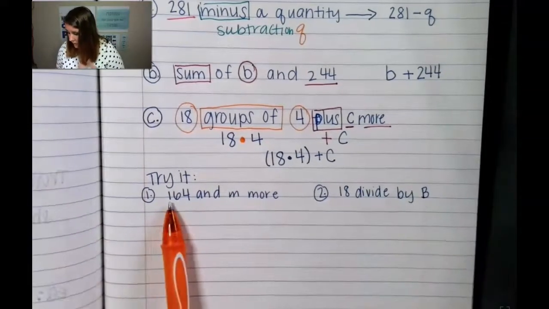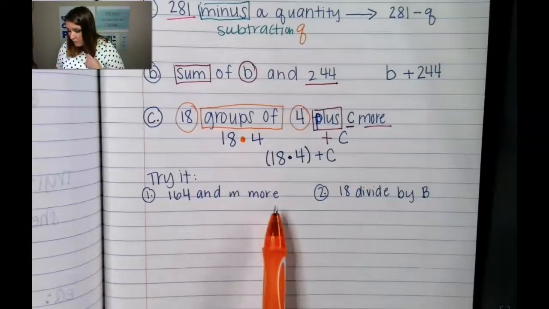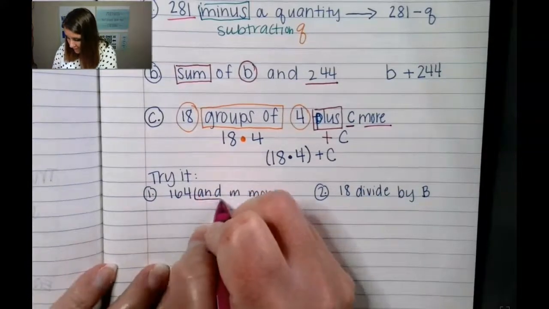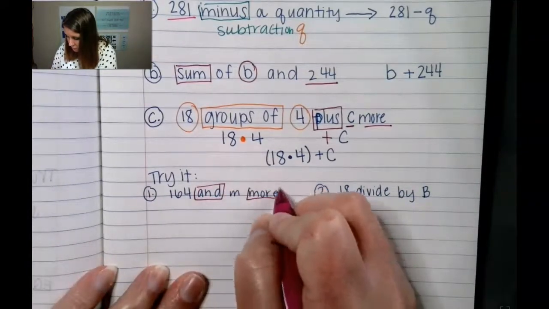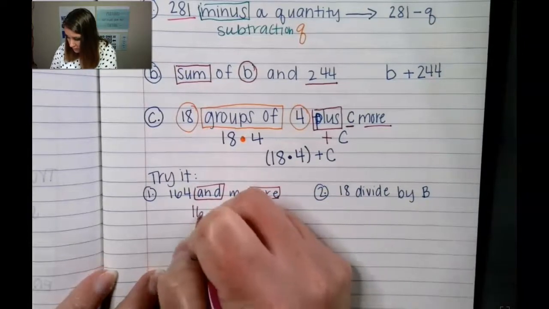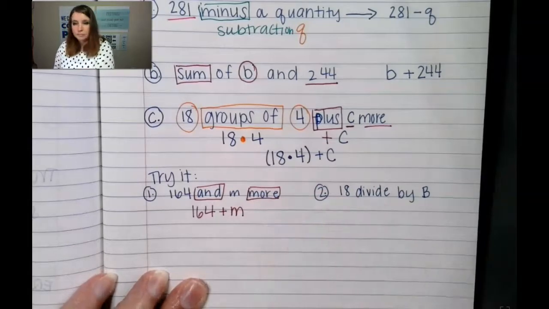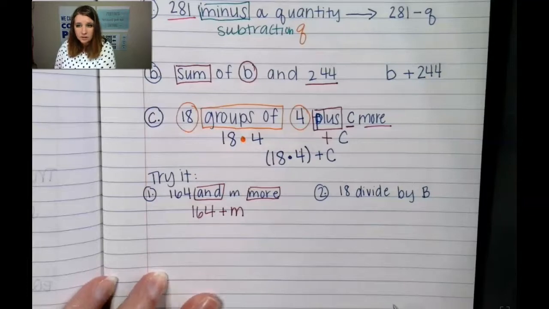All right, so 164 and M more. So this one sounds to me like it's going to be addition because of the words and more. So I'm going to have 164 plus M. How did you do on that one? Okay, go ahead and check your work.